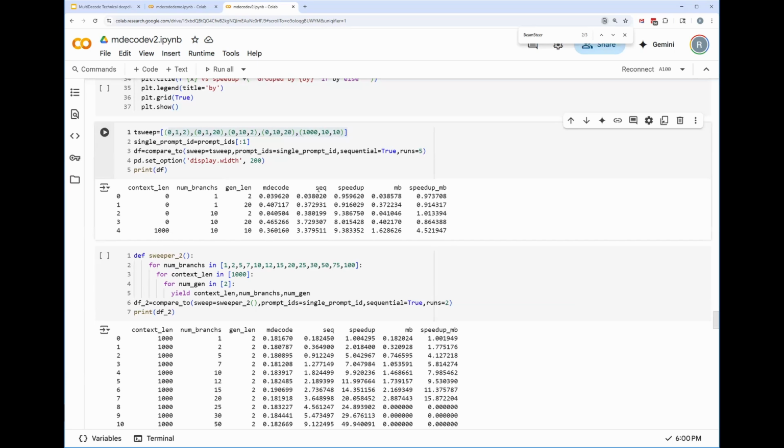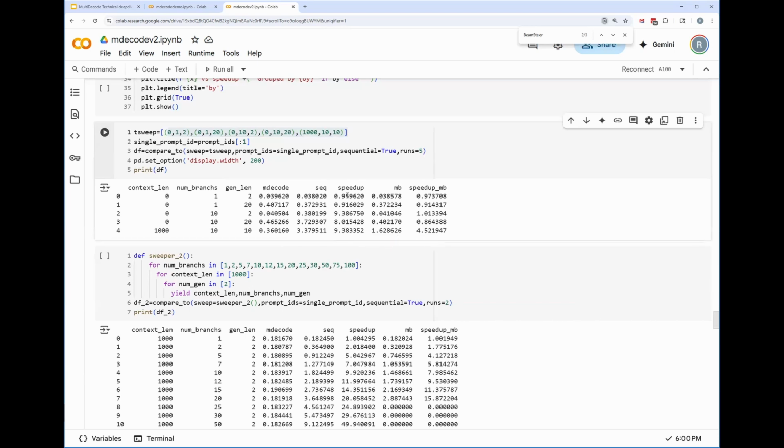I optimized it to where I run one branch and multiply the one branch generation time by the number of branches to get the time for sequential. For MB, the mini batch, you can't do that. I didn't assume anything about the nature of the mini batch, so I run that completely. But the sequential, I optimized.